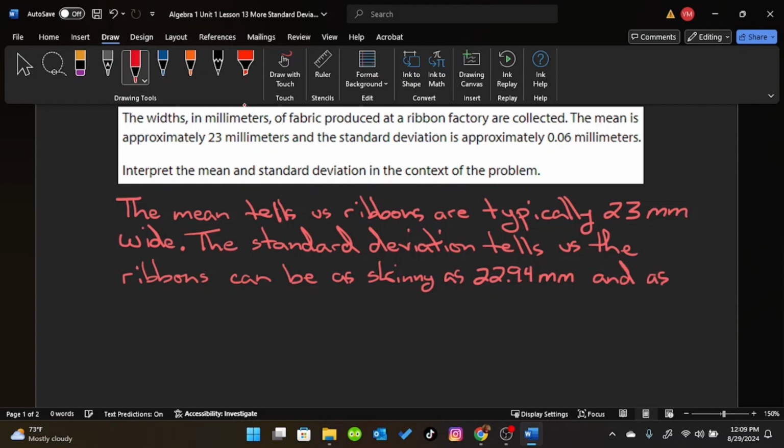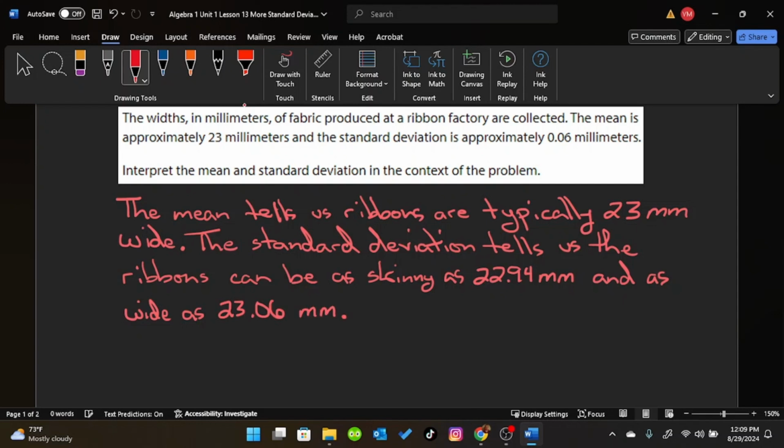And as wide as we would add 0.06 millimeters to 23, and we would get 23.06 millimeters.